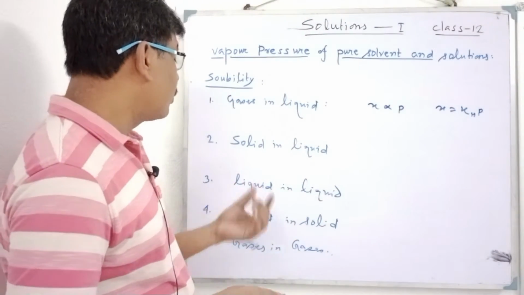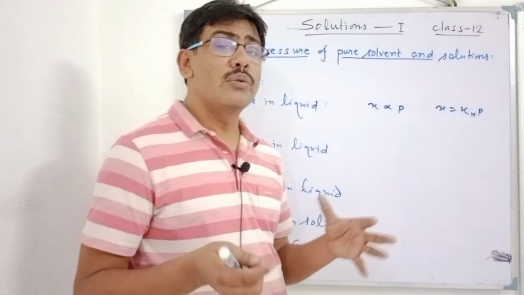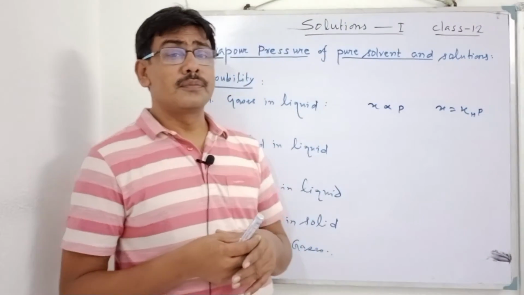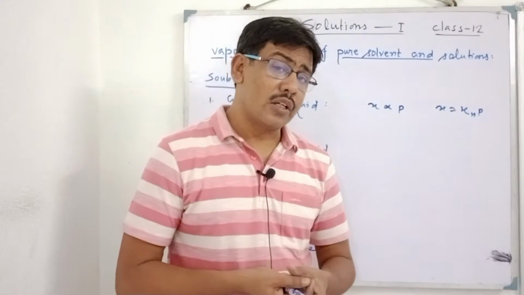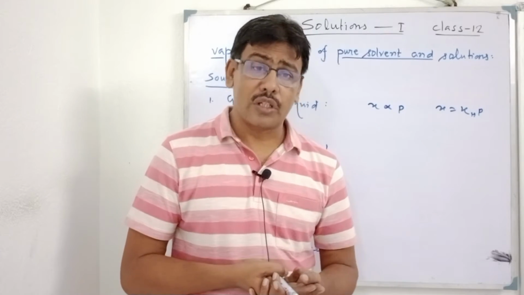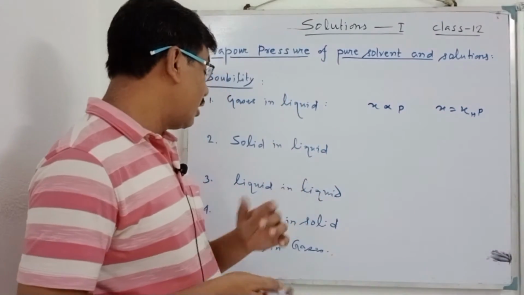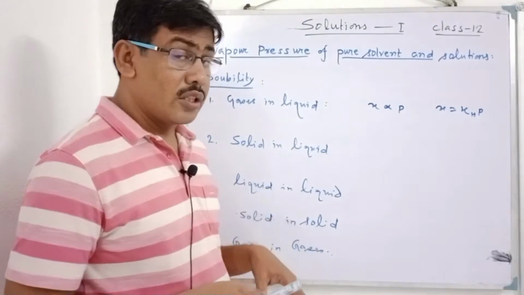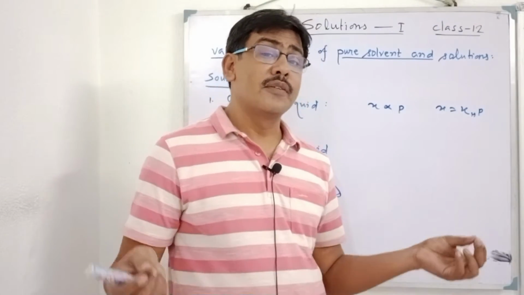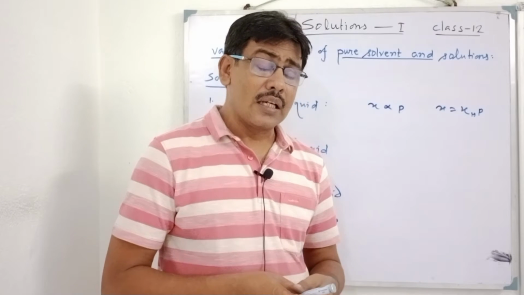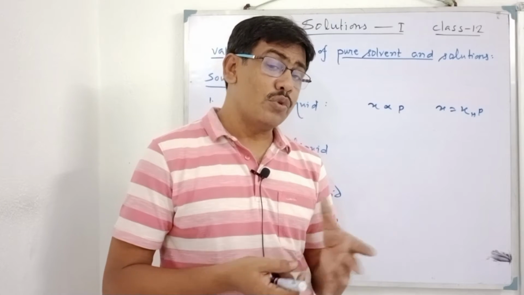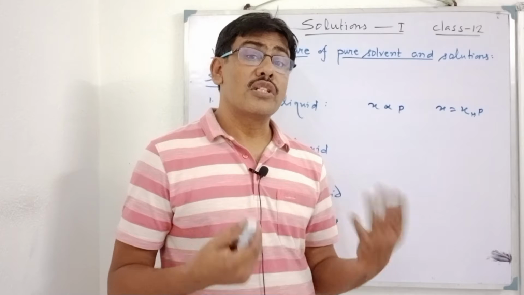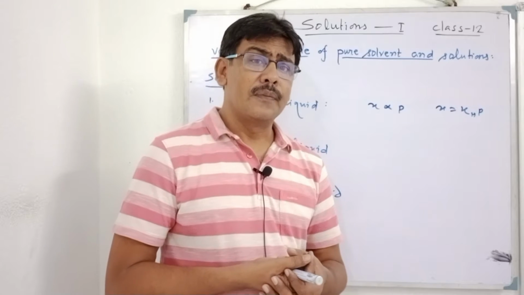There is also liquid in liquid. If you add some alcohol to some water, then a solution is obtained. This solution is known as a liquid solution. If a solid is mixed with another solid, then a homogeneous mixture is obtained, and this is known as an alloy.